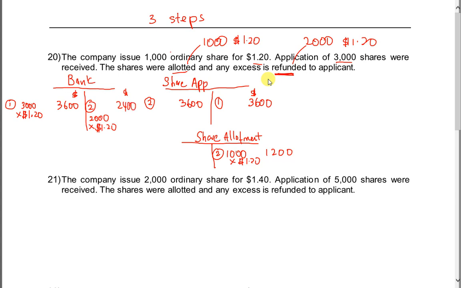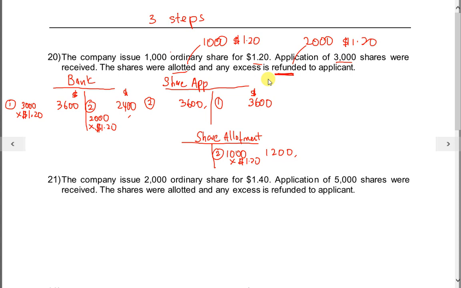Double entry: debit share application, credit share allotment 1,002 for the successful applicants, and credit bank for the refund of 2,004.